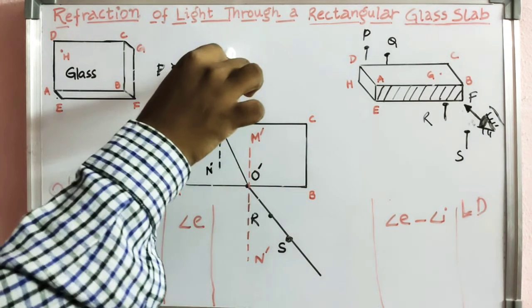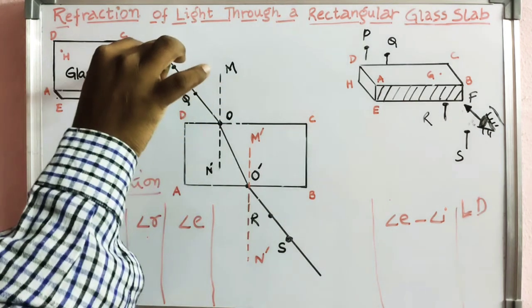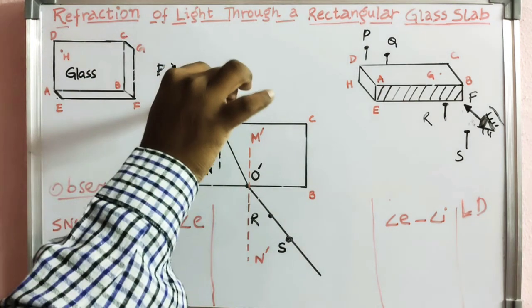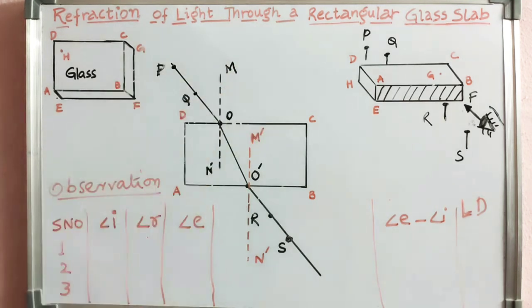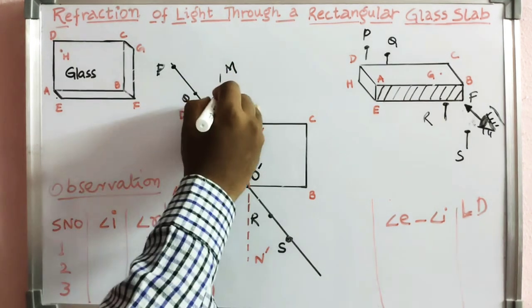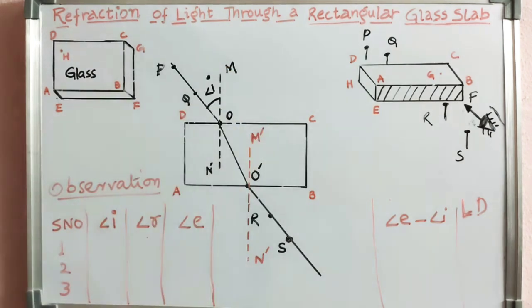What is the normal? MN. Where is the point of incidence? O. So this is angle of incidence. Clear?